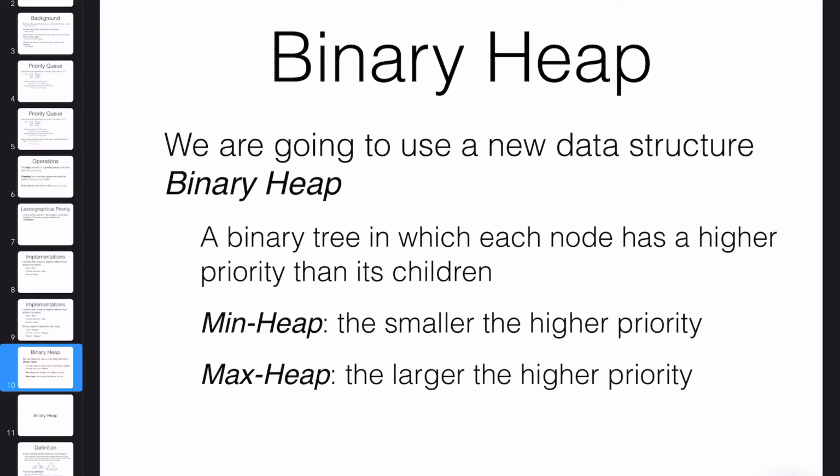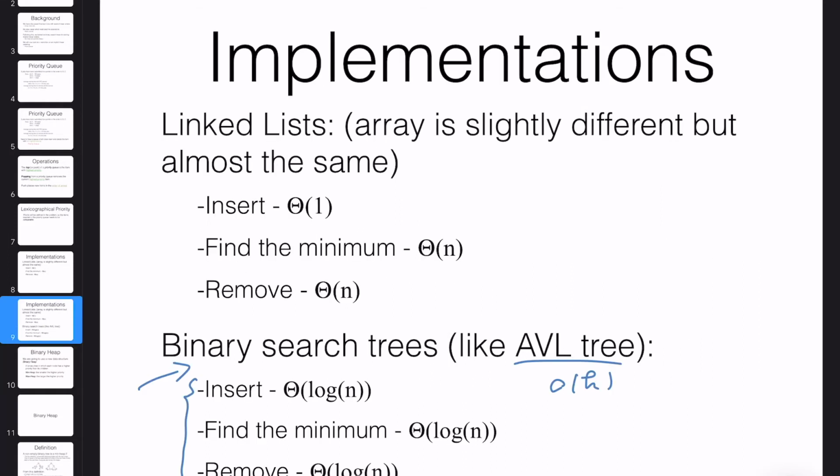The point is that if you are going to use an AVL tree, an AVL tree is a very interesting data structure, and it has very efficient operations. All the insertion, remove, everything can be done in log n. This is very good. But the thing is, in a priority queue, do I need to keep all the items in sorted order? The specification of the AVL tree is that it keeps all the items in sorted order.